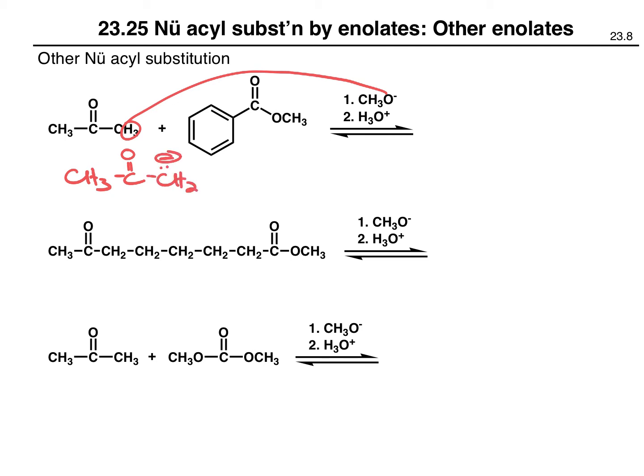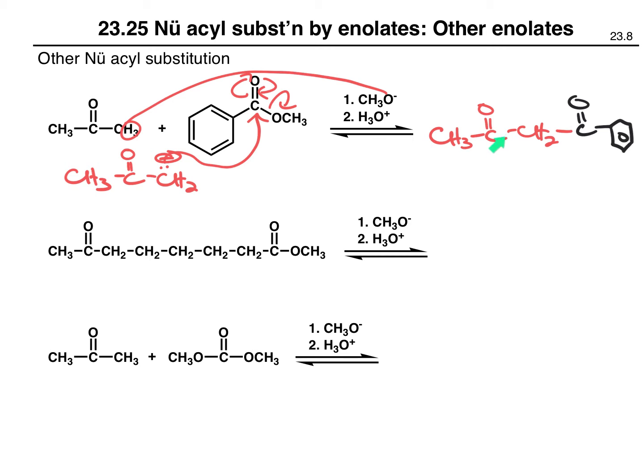Now, self-addition to a ketone is not favored, so the major product will result from addition to the ester. These electrons go up, come back down, kick this out, and what we end up with will look like this. And what we have made is a beta diketone.